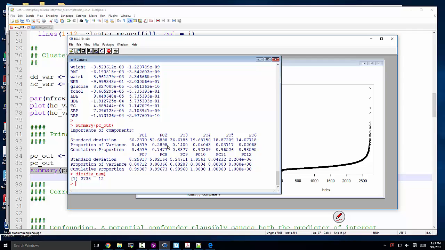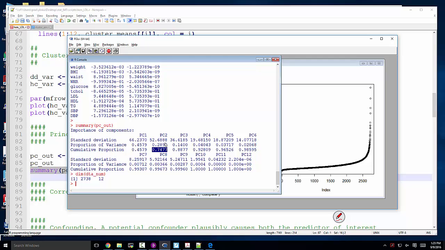The second one, if you look in the table of output, we have in the second row here the proportion of variance explained. First principal component explains 46%. Second principal component explains 29%. And then in the third row, it's accumulating these percentages.